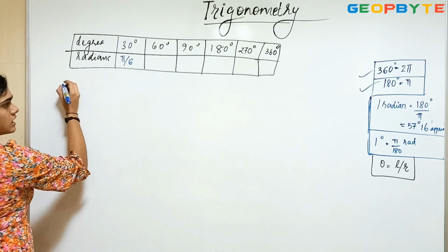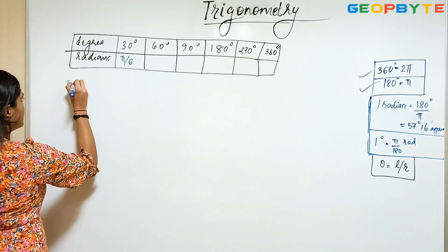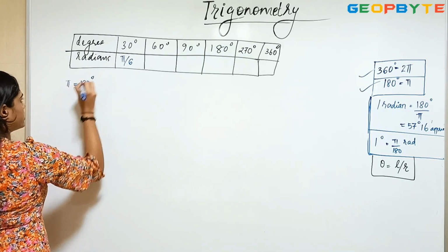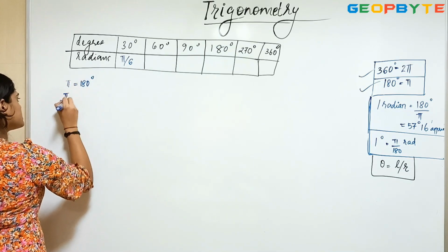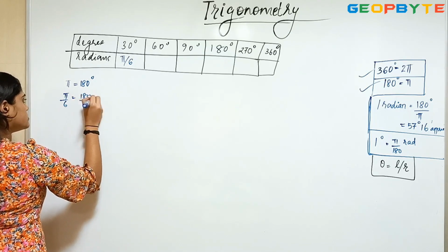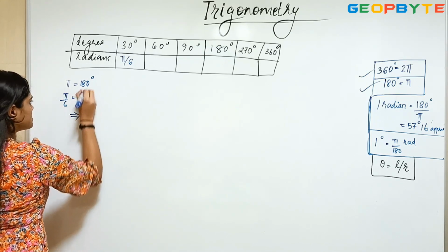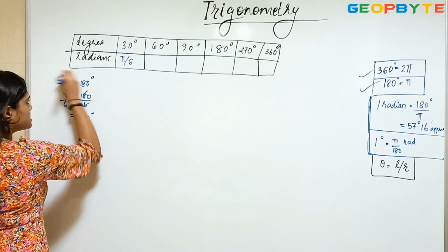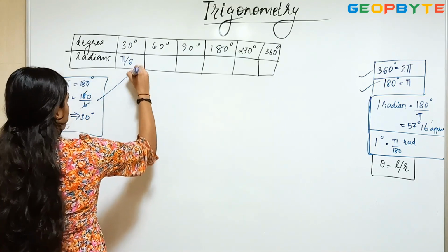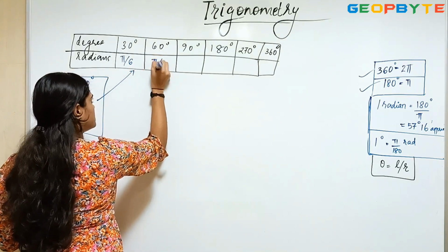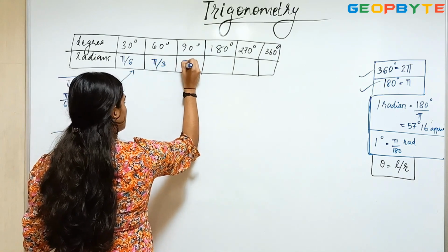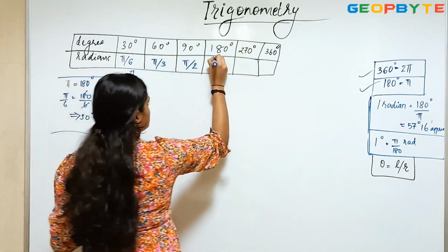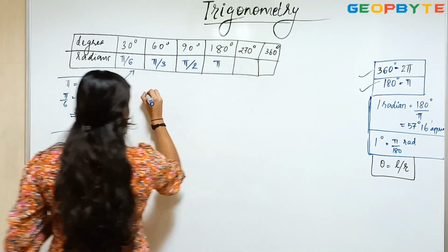Why pi by 6? Pi is 180 degrees, no? So pi by 6 would be 180 by 6, which is 30 degrees. See, this is how we get pi by 6. What would this be? Pi by 3. What would this be? Pi by 2. This will be pi. What is 270 degrees?